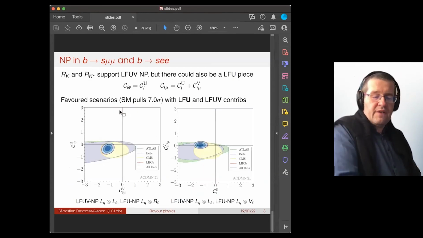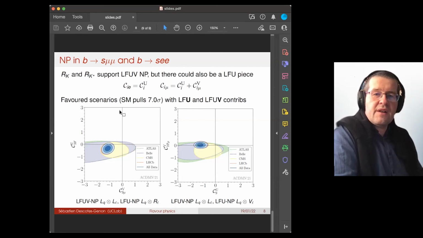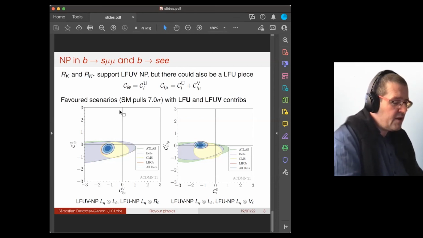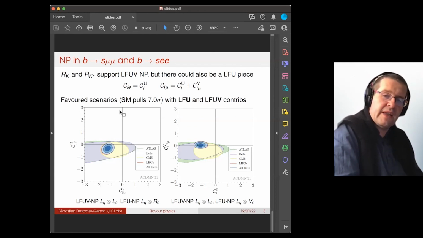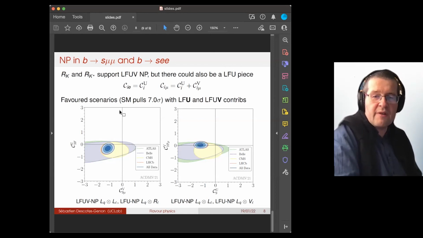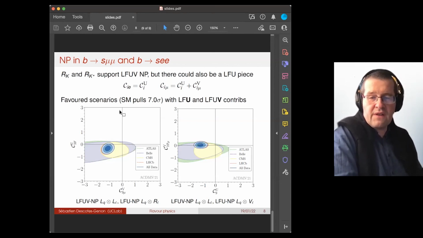And then the other thing that I can discuss quickly is the fact that even though you have mostly deviations in B2S mu mu, I said that B2S EE is not necessarily very clear. You can still think that there might be some lepton flavor universal component in this new physics. And actually, you can see that by putting together information from the various experiments.